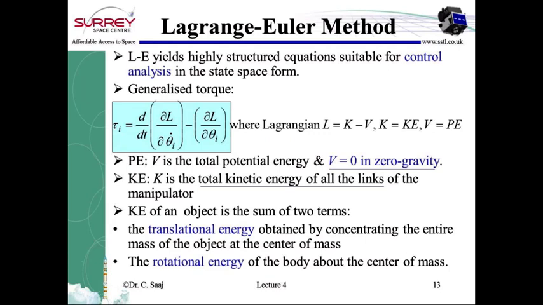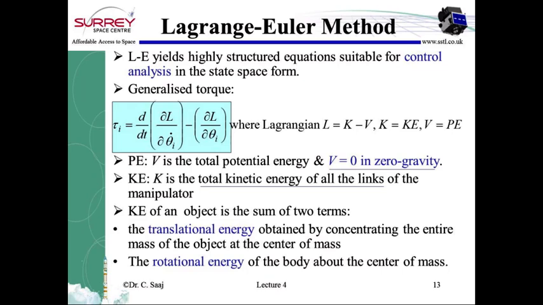So using the Lagrange-Euler method, we can define the generalized expression for the joint torque by the equation tau_i, where i represents the ith joint, using the relation d/dt of ∂L/∂θ_i dot minus ∂L/∂θ_i.